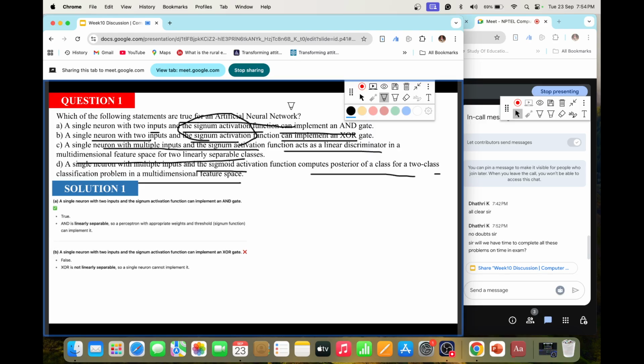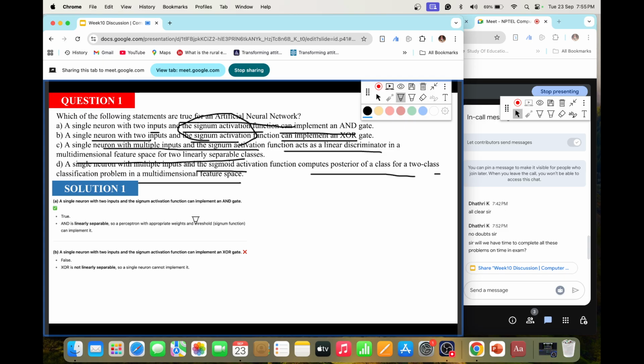Regarding single neuron or the perceptron, it can solve only simple gates like OR gate and AND gate, but the perceptron cannot solve the XOR gate. So this is regarding options A and B. Perceptrons are the simplest neuron with signum function that can solve only very simple gates like AND gate, OR gate, not the XOR gate.